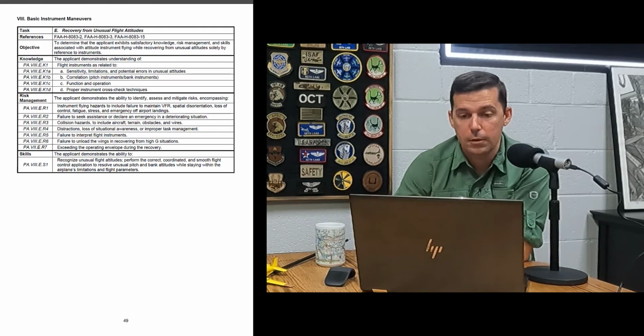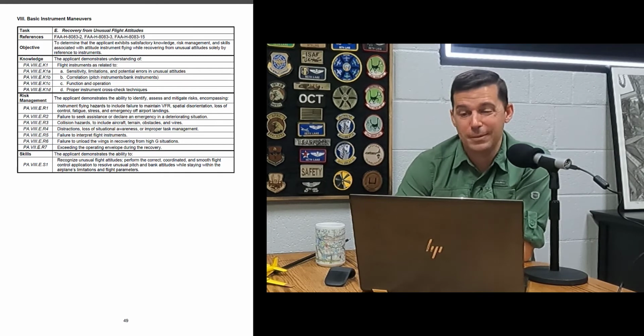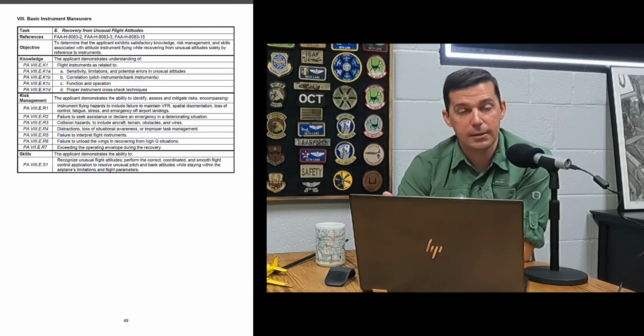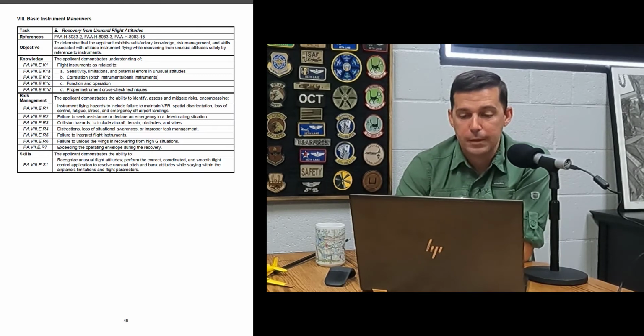First of all, they put themselves in that position, which is bad enough, but then they didn't have the skill set to maintain their composure, maintain aircraft control, and recover the aircraft. They got spatially disoriented, they panicked, and they recovered improperly or failed to recover at all. These crashes happen every year, multiple times a year, unfortunately.